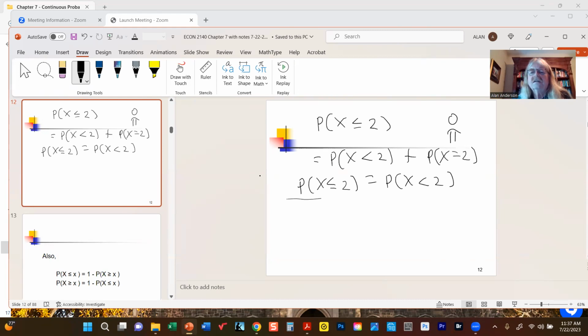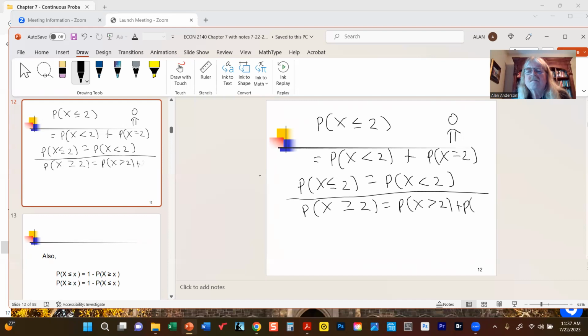In other words, we don't need to make a distinction between strictly less than and less than or equal to. The same thing works with greater than or equal to. For the same reasons, this last one is just 0 by definition.